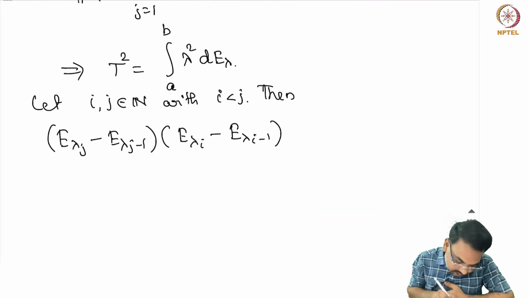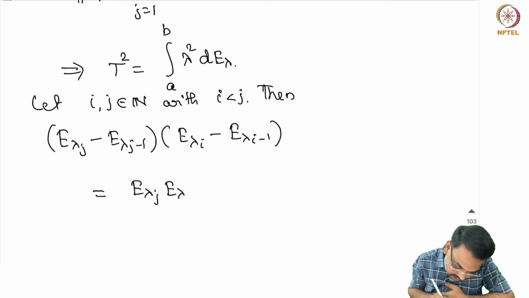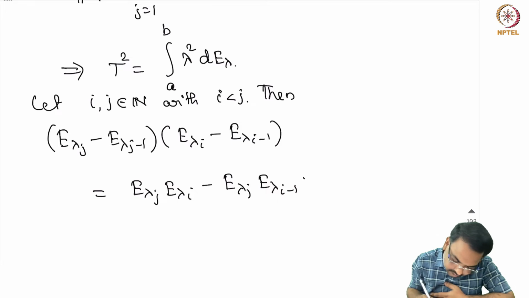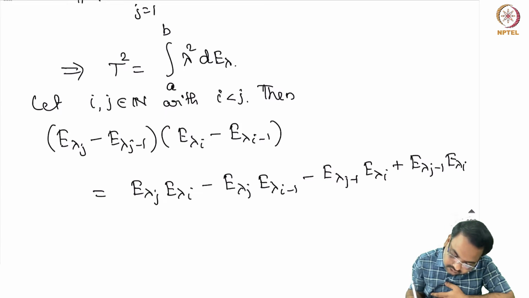So hence we can say that this is E lambda j E lambda i minus E lambda j E lambda i minus 1 minus E lambda j minus 1 E lambda i plus E lambda j minus 1 E lambda i minus 1. So when i is strictly less than j, i is less than or equal to j, so we will get E lambda i.